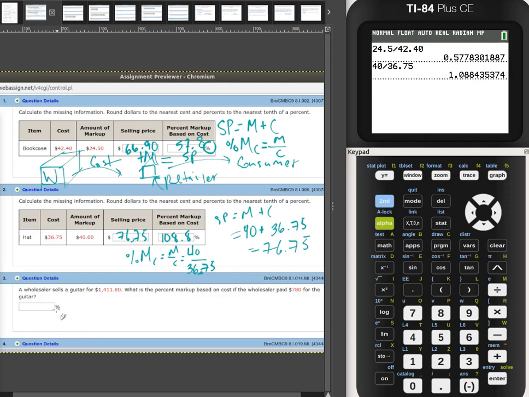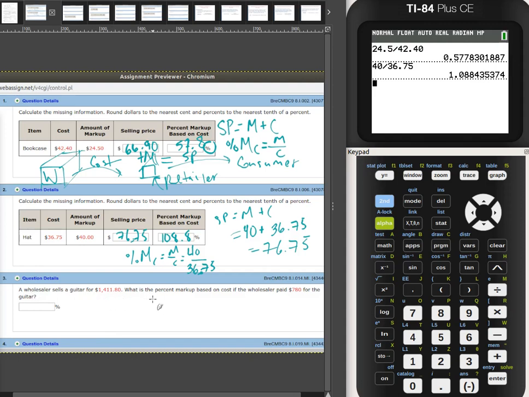Now what are we up against? We need to determine a percent markup based on cost. And our context here is that there is a wholesaler. And in this case, let's forget about the context that we built for number one, because in this case, a wholesaler is selling a guitar for a certain amount.